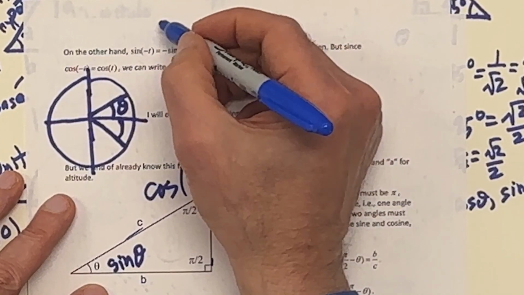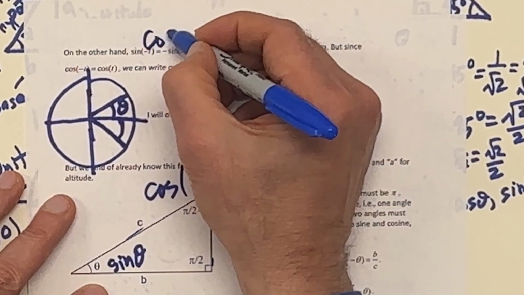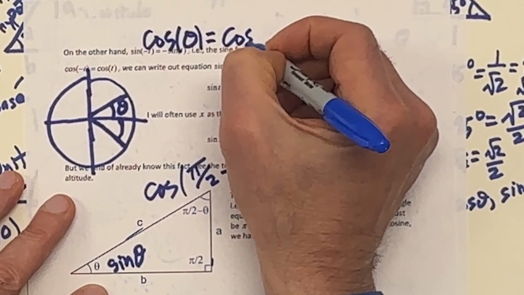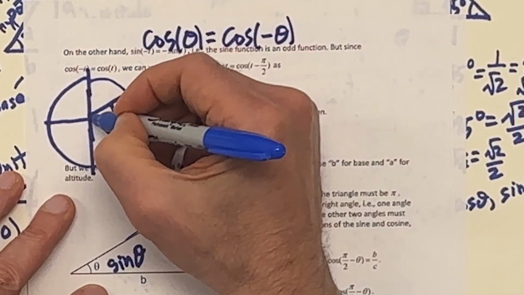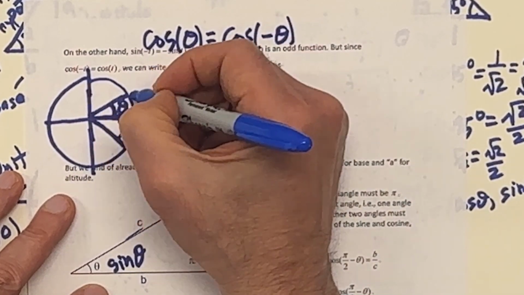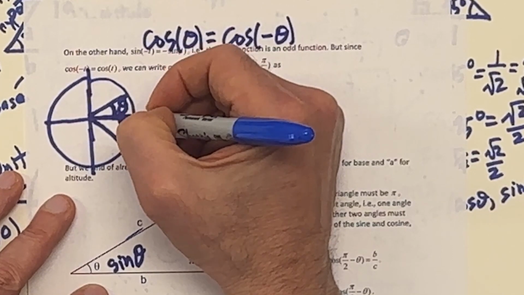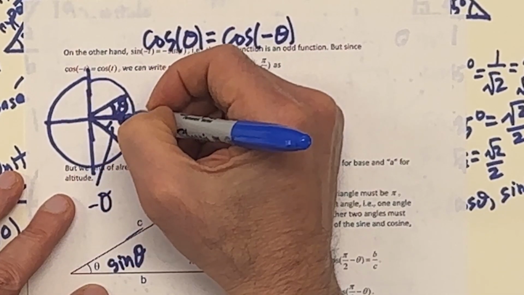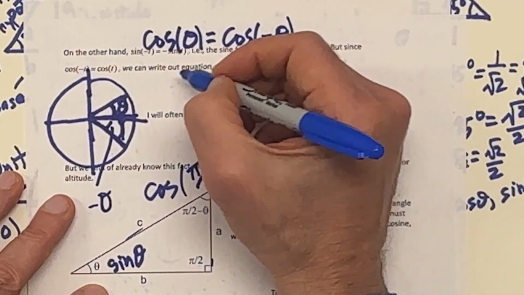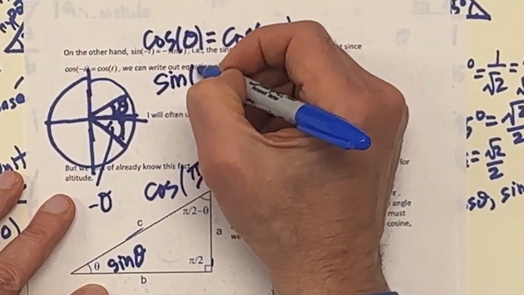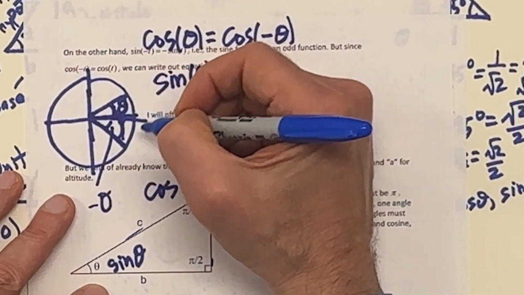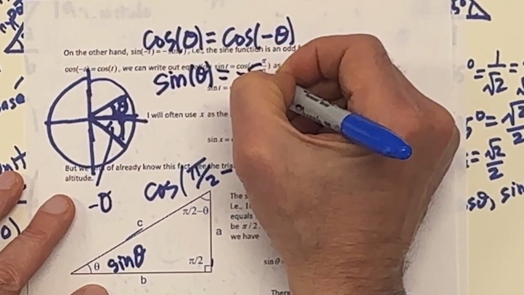So it's nice to know that the cosine of theta is equal to the cosine of negative theta, because this plus theta has the same run as the negative theta. But with the sine of theta, that's up. The sine of negative theta is going to be a y going down. That's going to be negative.